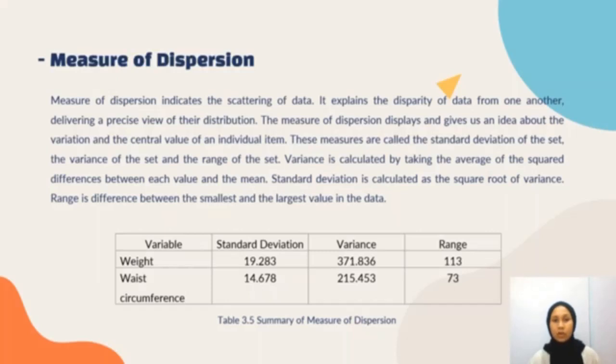The more spread out or dispersed the data are, the larger will be the variance and the standard deviation. The more clustered the data are, the smaller will be the variance and the standard deviation. If all data values are the same, there is no variation in the data. The variance and standard deviation will be equal to 0. Variance and standard deviation can never be negative.